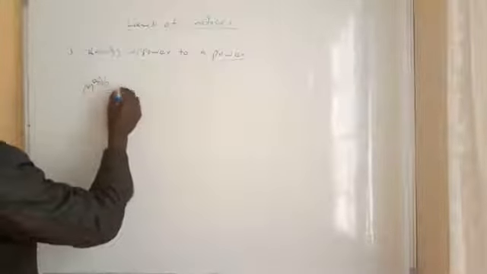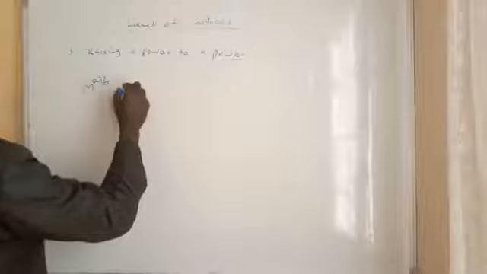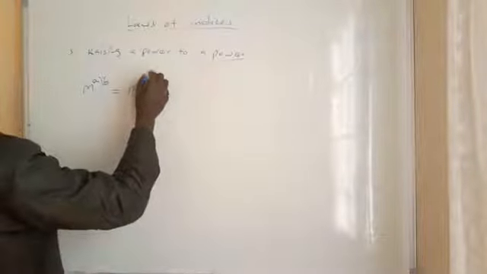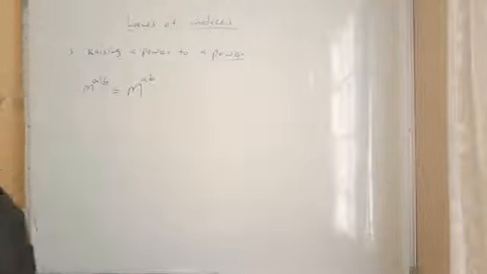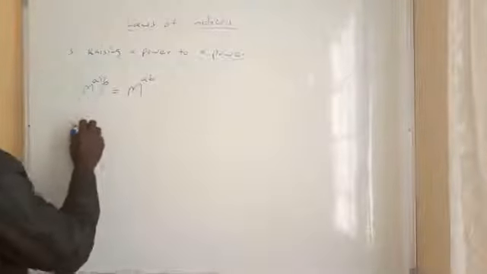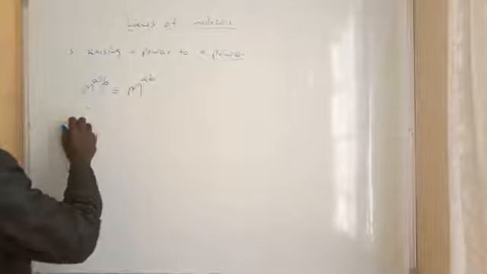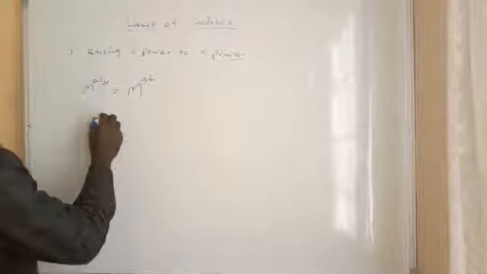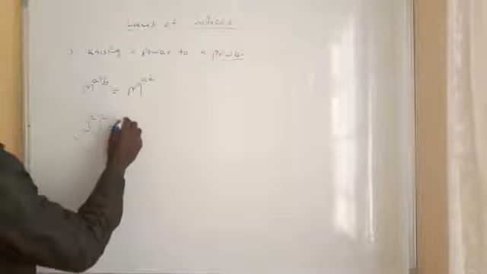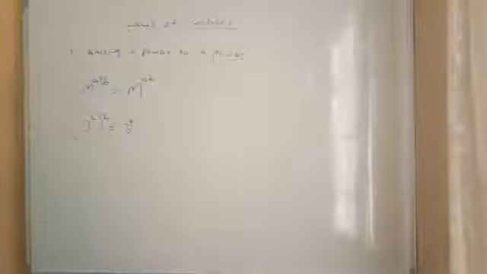So the answer finally becomes, according to the laws of indices, m to power ab. That means if I have 3 to power 2 raised to another power, which is 2, then the answer becomes 3 to power 4, since 2 times 2 is 4.